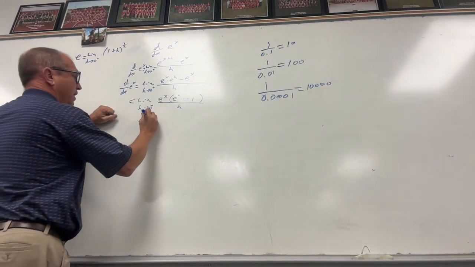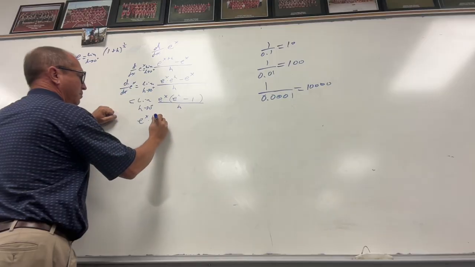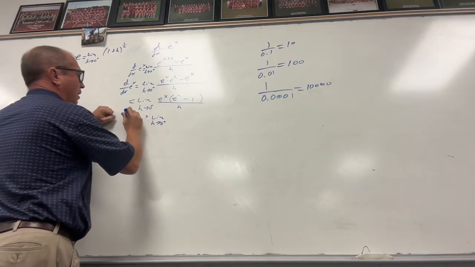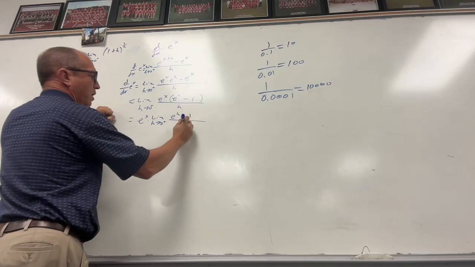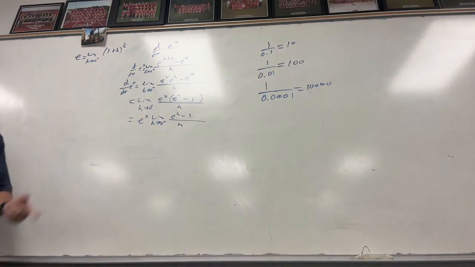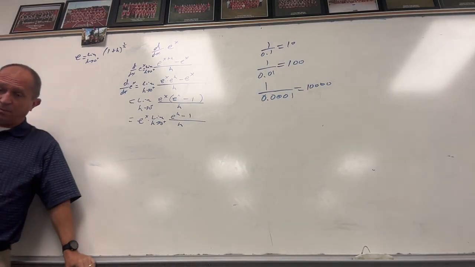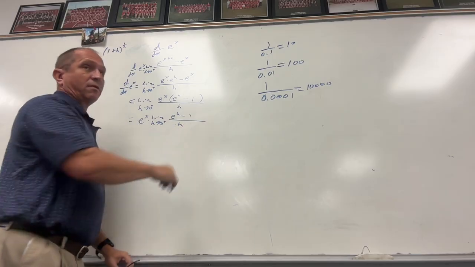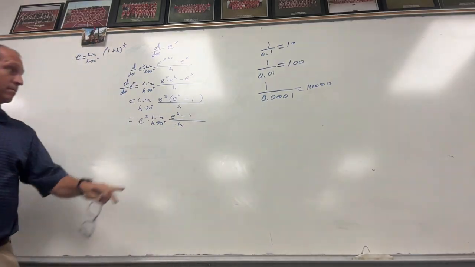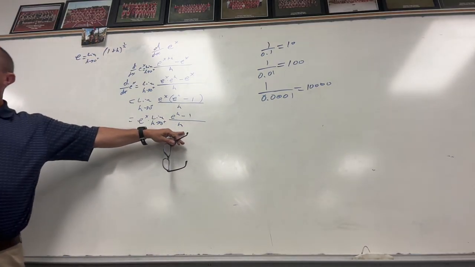So I have e to the x times the limit as h approaches 0 of e to the h minus 1 over h. Now, e to the 0 is, starts with a w? 1, yeah. So 1 minus 1 over 0, 0 over 0. So we've got to try something a little bit different here.